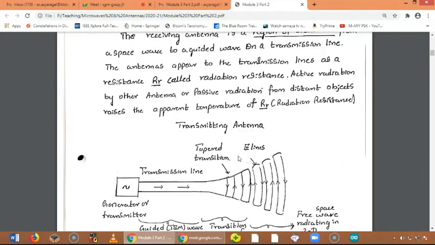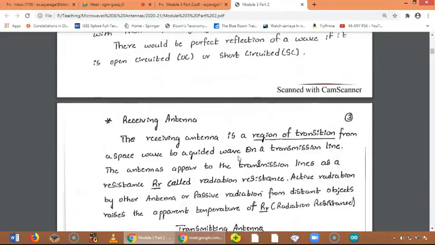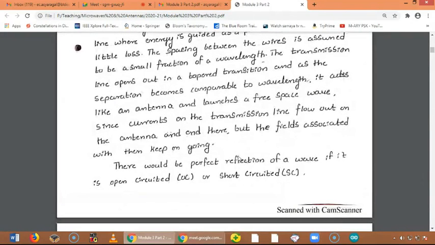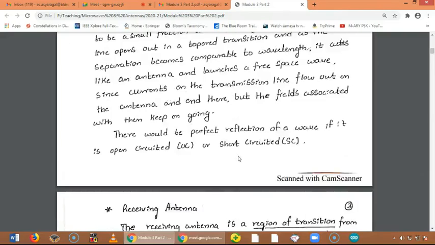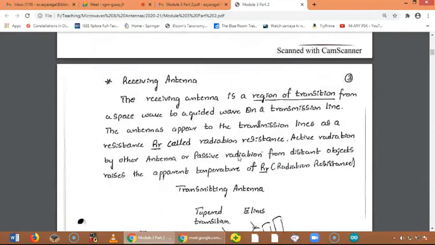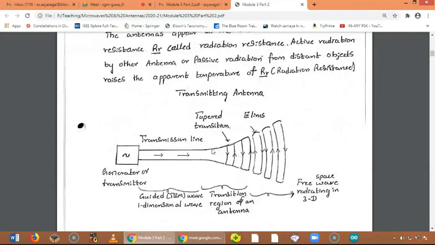Okay, so this is how the transmitting antenna or receiving antenna will be there, right? There would be a perfect reflection if the transmission line is terminated, either open circuited or short circuited.